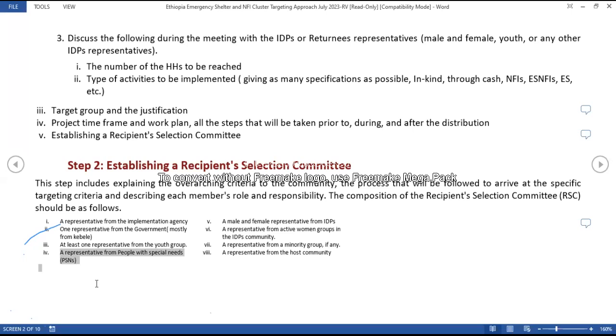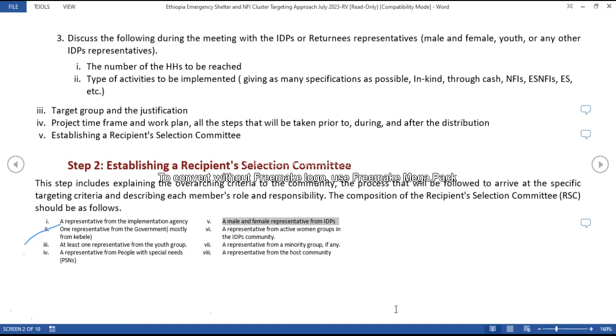The fifth one is a male and a female representative from IDPs. When we say this, before we have said youth groups, a representative from youth has to be there. At the same time, male and female adults also have to take part in this selection process.